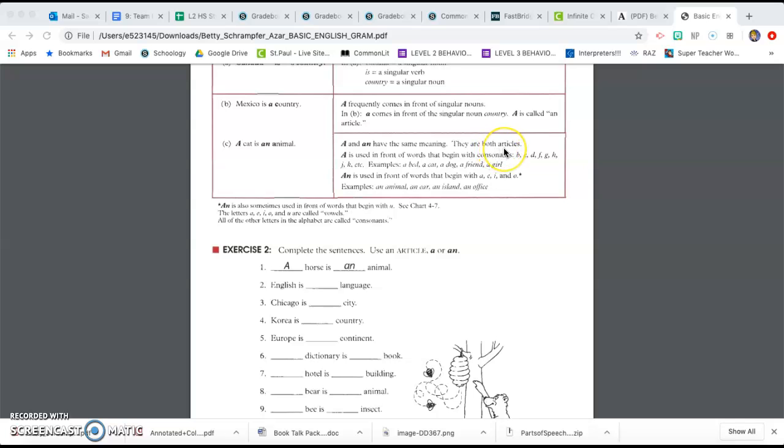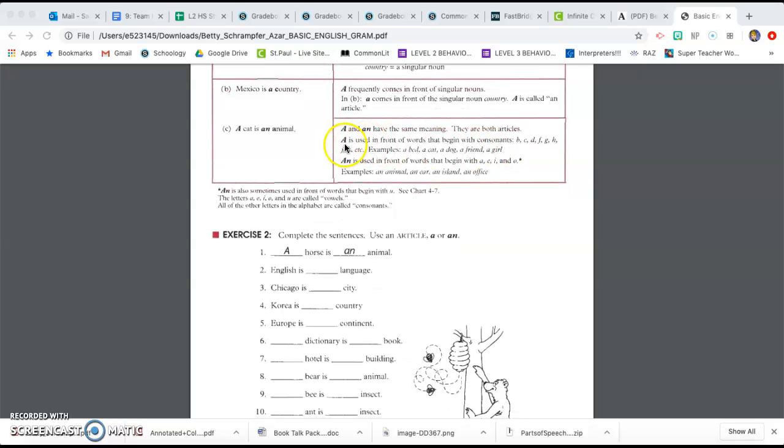They are both articles. We use a in front of words that begin with what we call consonants. So those are all the letters except for A, E, I, O, and U. So B, C, D, F, G, H, J, K. A bed, a cat, a dog, a friend, a girl.